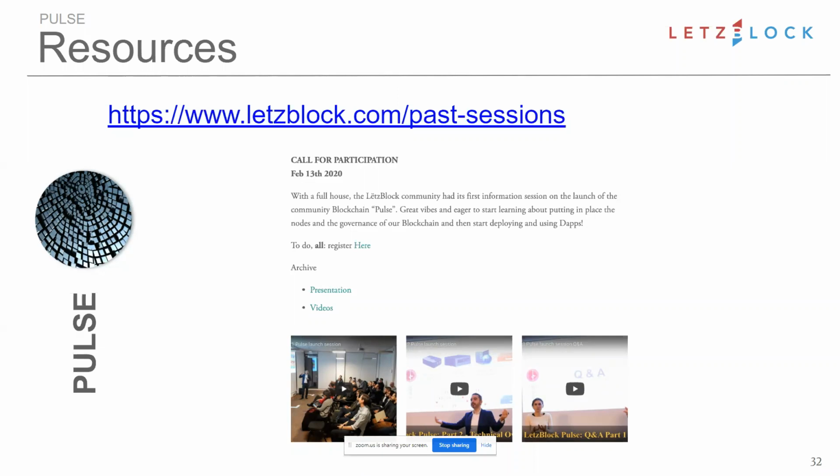We will make that accessible for everybody on the LetzBlock website. You can see here that we already put the material from the last session up there. You have the presentation that you can access, and you have also the videos. For this session, we will do exactly the same thing, and for upcoming sessions too. You find that on letsblock.com/past sessions.